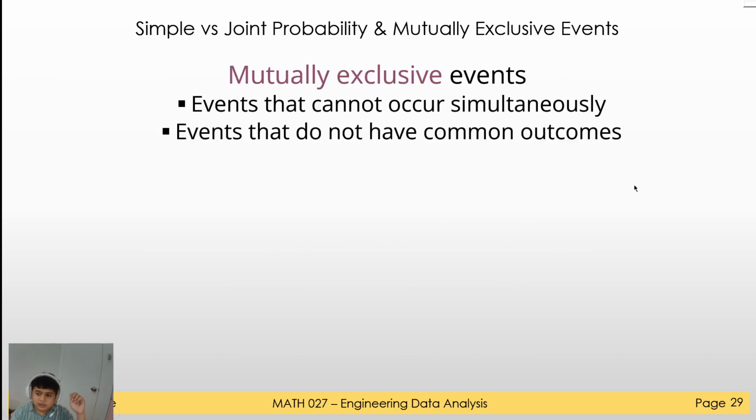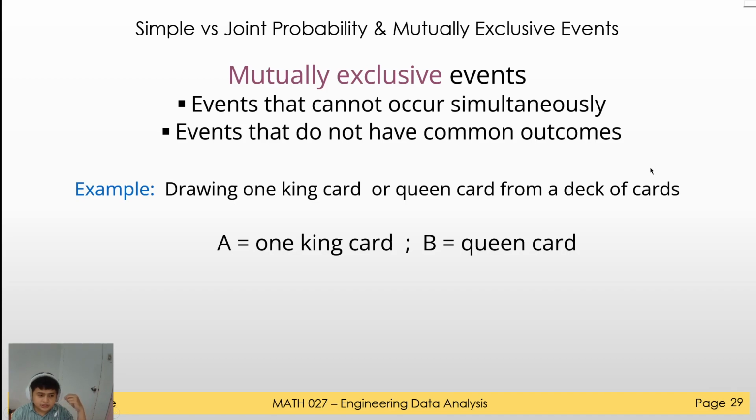Mutually exclusive events, on the other hand, are events that occur non-simultaneously. One example is when you pick a single card from a deck of cards, there is a possibility that you will pick one king card or one queen card.